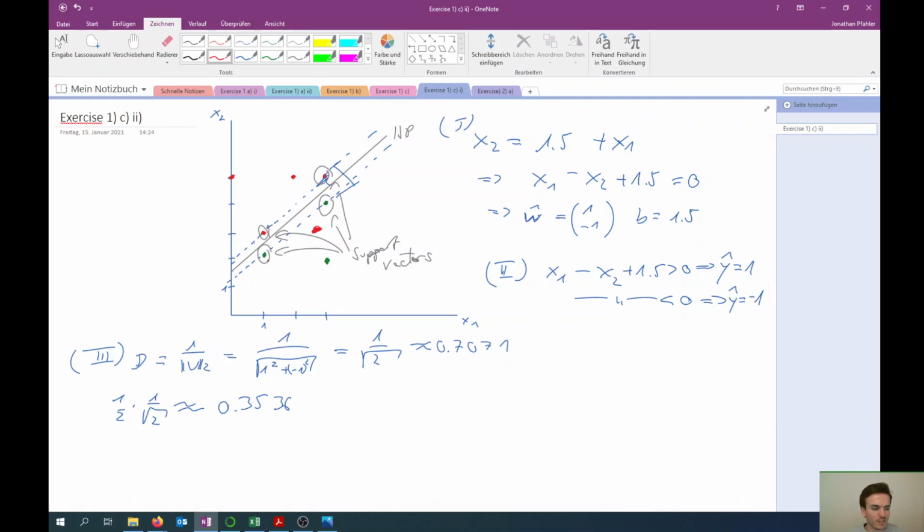Using the support vector classifier and then allowing points to lie on the wrong side of the hyperplane, or also to use a different kernel. So this is basically part 4, and then also this here.